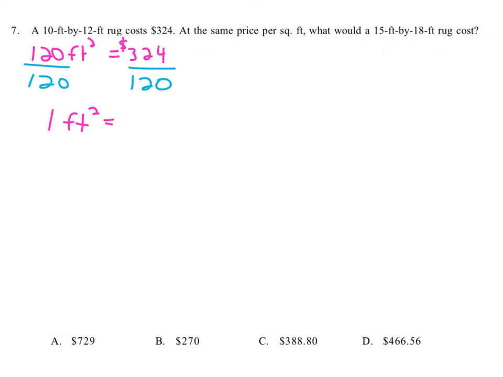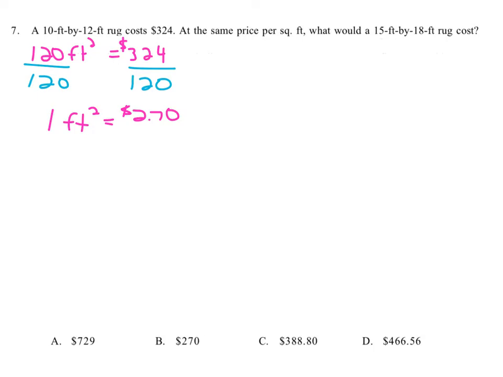Well, 324 divided by 120, let's go on calculator here, is $2.70 for every one of those square feet.